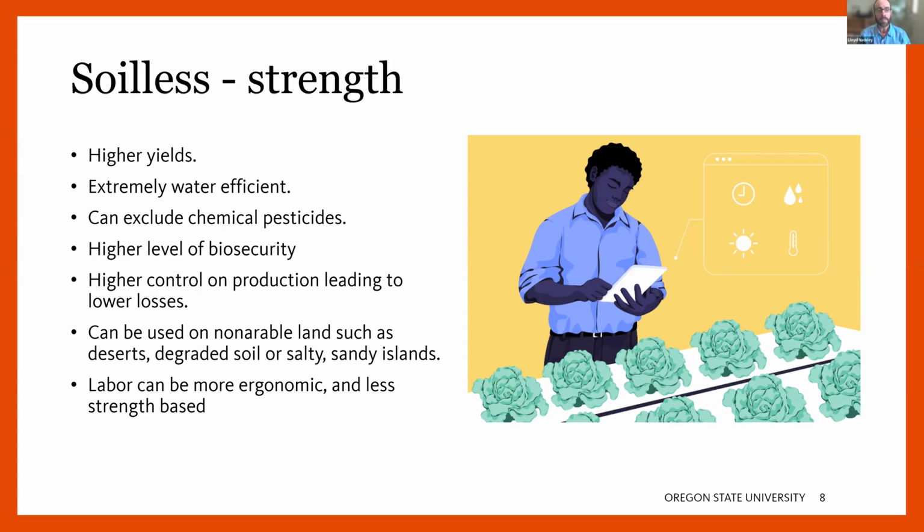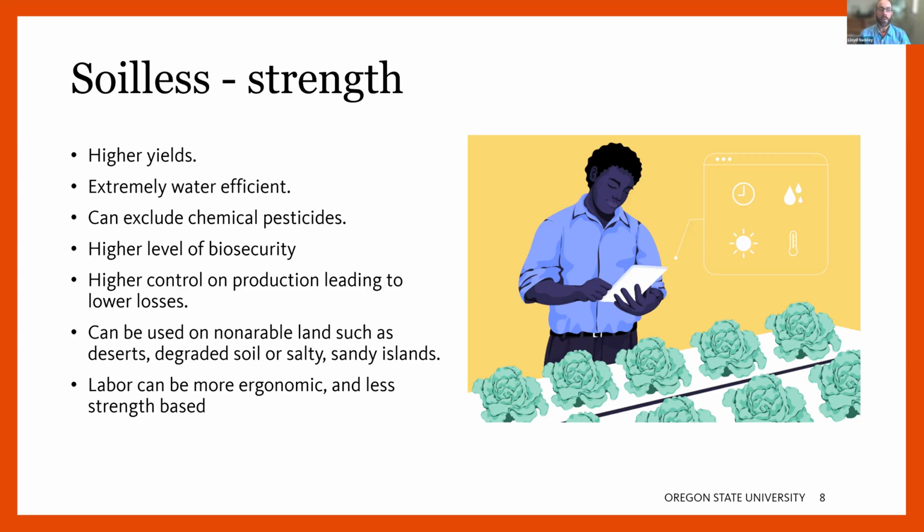You are able to exclude chemical pesticides to a greater degree than soil-based farming. You can have a higher level of biosecurity, meaning restricting the crop from mammals, from avian pests, from other things that would impact food safety.